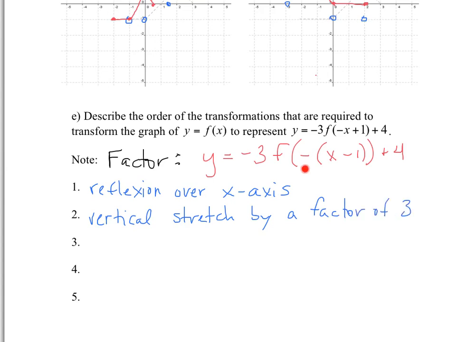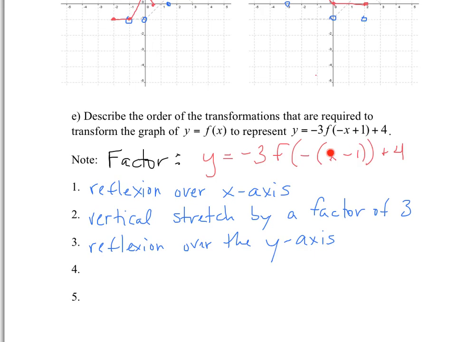Okay, now we have another reflection. That is the reflection over the y-axis. The x's become negative and positive. So this is a reflection over the y-axis. Okay, and then we have the last two, the kind of easier ones, right?